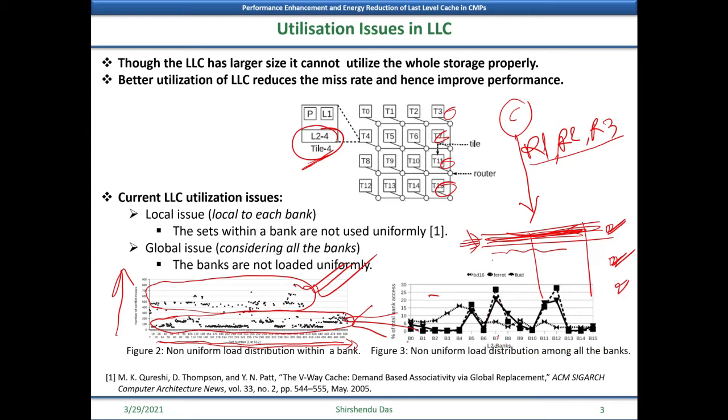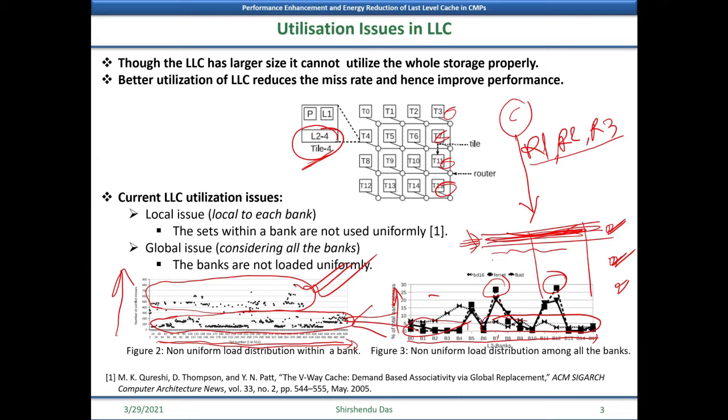on this side is the number of banks, B0 to B15. There are 16 banks, and this is the load on each bank. You can see the load is not uniform. Some banks are heavily loaded, and some banks are almost idle or very lightly loaded. So the utilization issue is still there, but we are calling it global utilization. Global utilization means the banks are not being utilized properly.